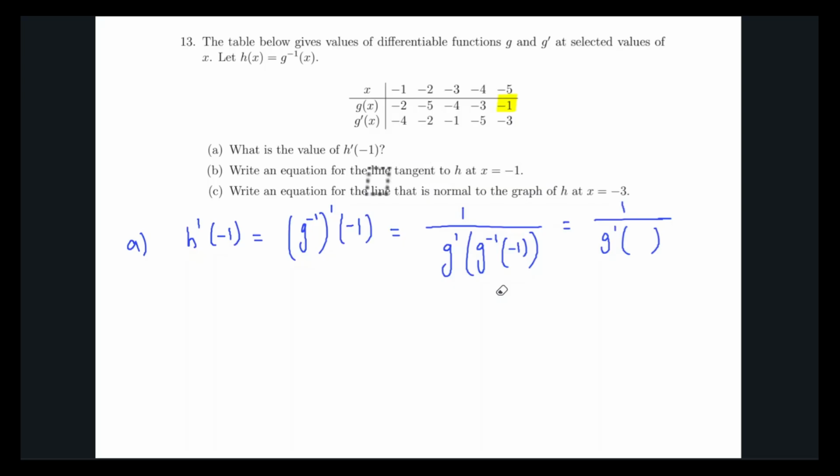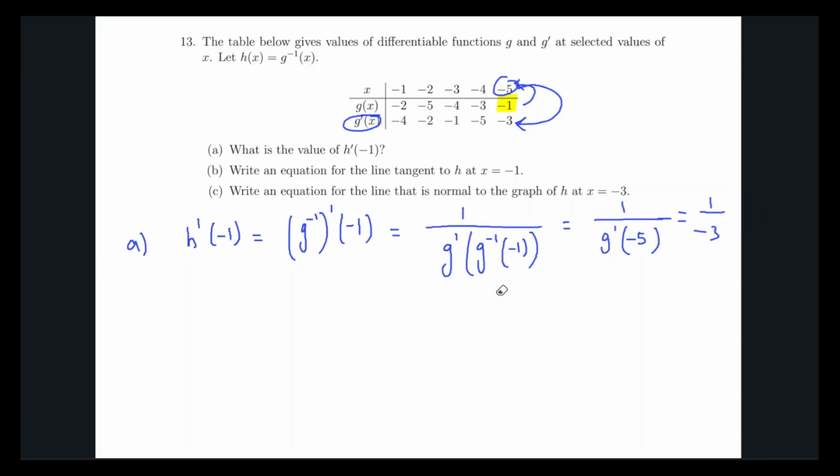So I can locate negative 1 over here in g. And what is its corresponding x value? That's negative 5. So I'm looking for g prime negative 5 basically. Isn't that negative 3? Because g prime at negative 5 is negative 3. So the answer is 1 over negative 3.